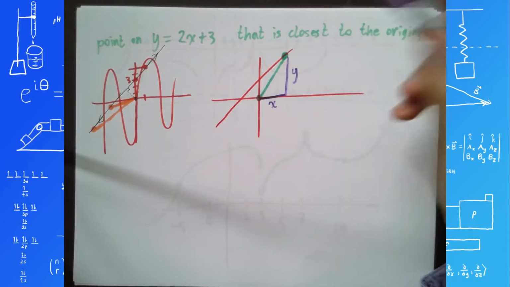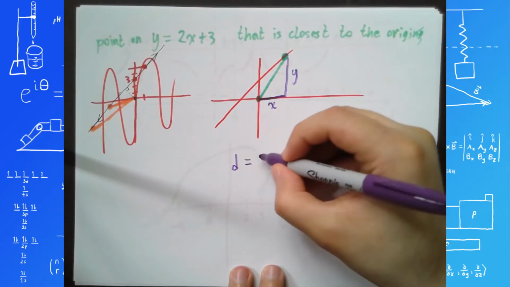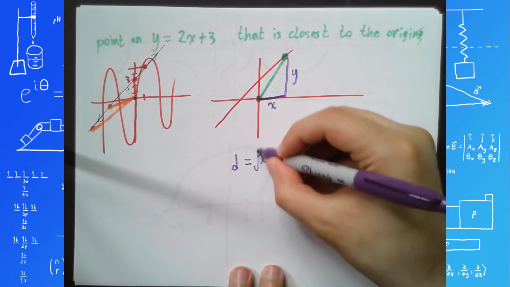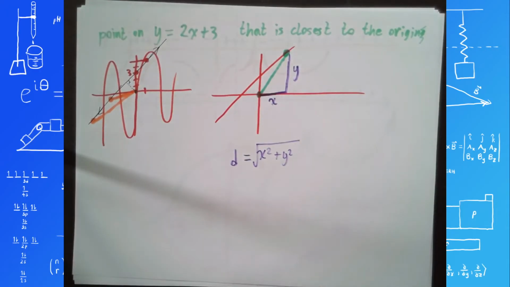So, by Pythagorean Theorem, we can say distance is equal to the square root of x squared plus y squared.